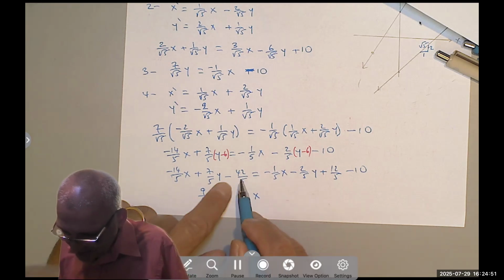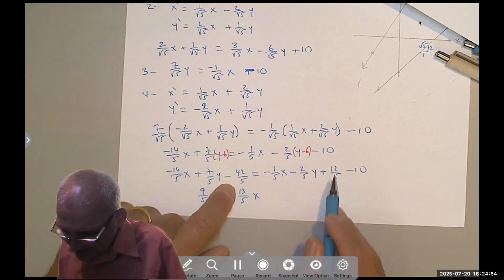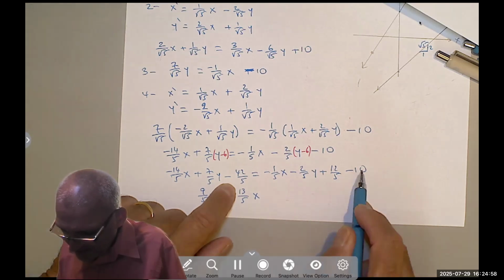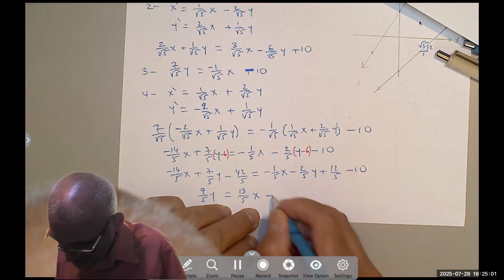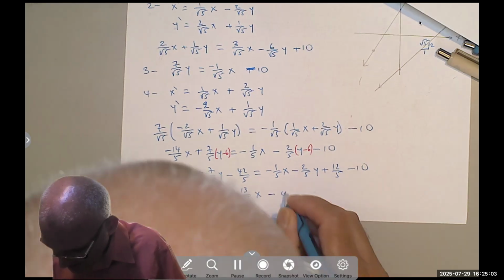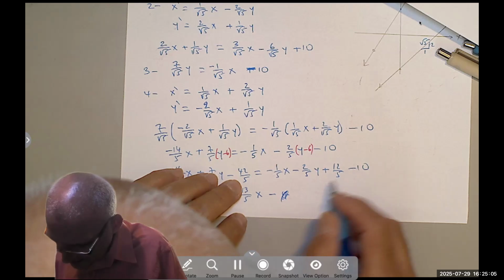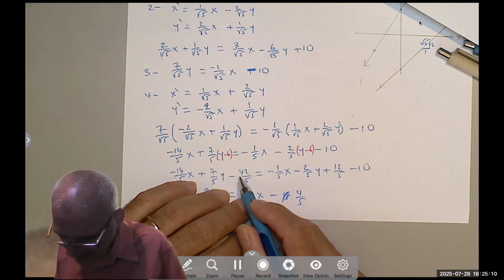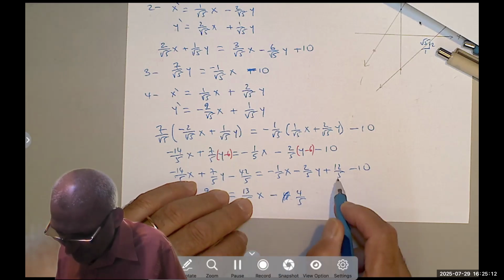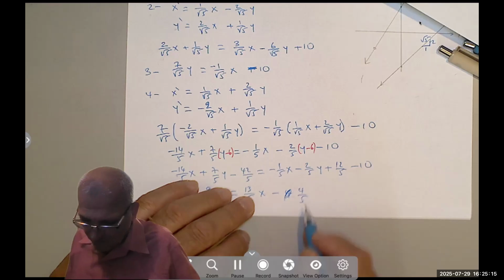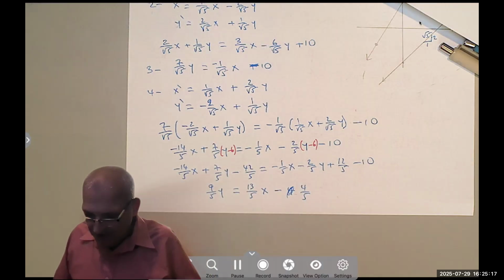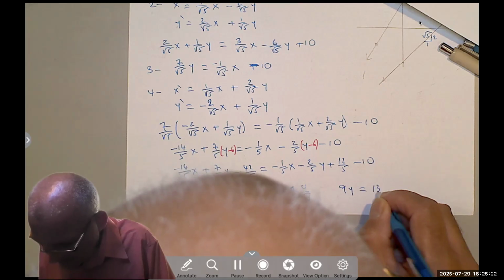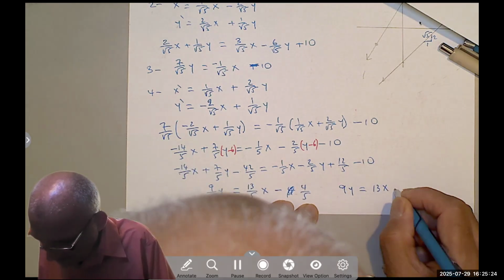And then this becomes 42/5 plus 12/5 is 54/5 minus 10 is minus 4/5, right? Because 42 plus 12 is 54 over 5 minus 10 over 5 is 4 over 5. You can multiply the equation by 5 and you get 9y equals 13x minus 4.